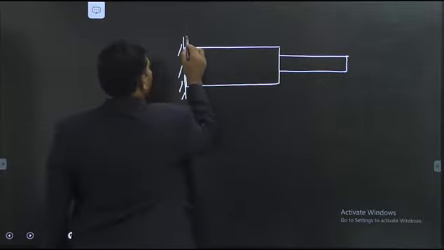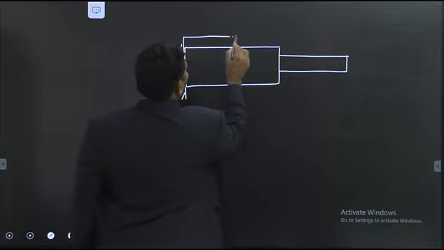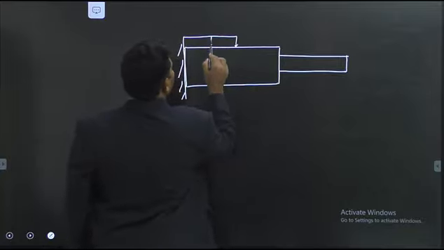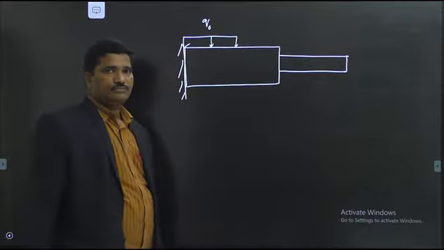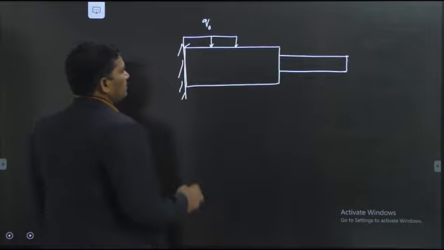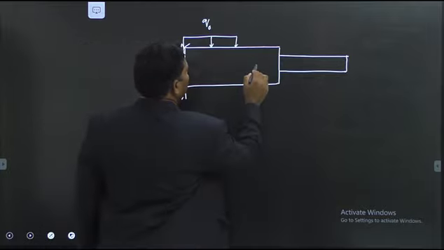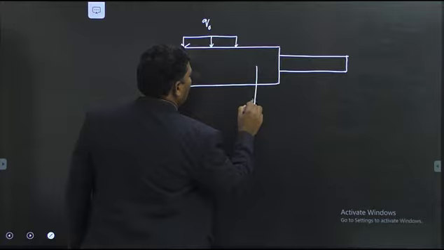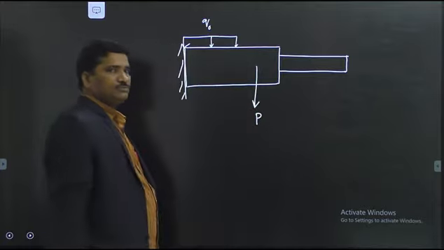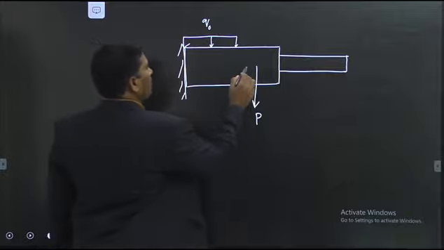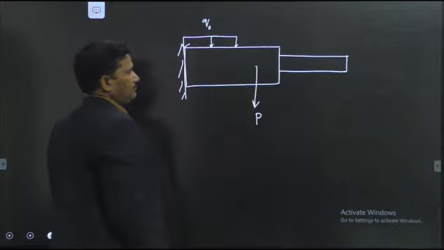Now I consider a uniformly distributed load like this with load intensity say q0, load per unit length. Now, the same bar is supporting a force P as shown. This is the point of application of the force.